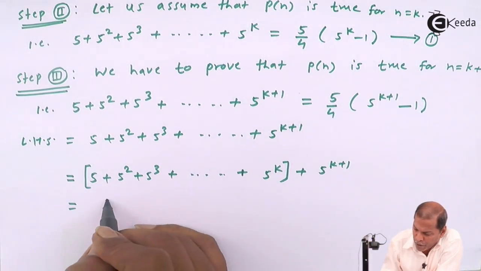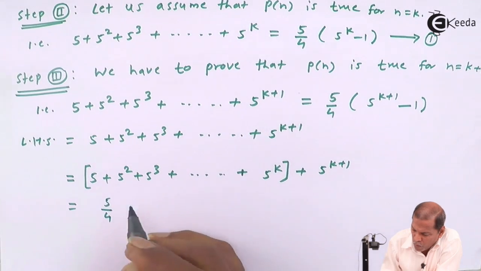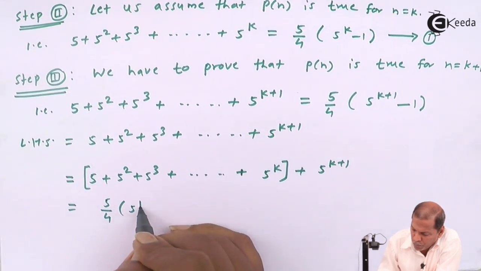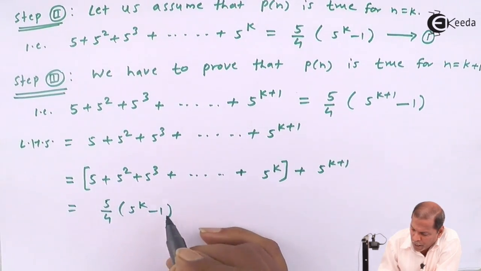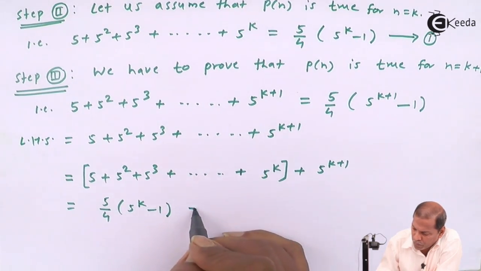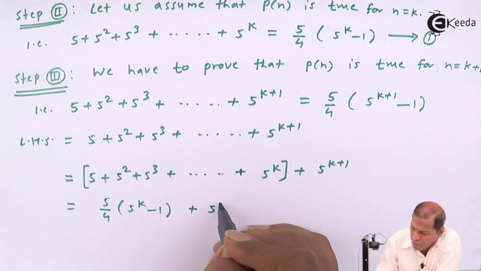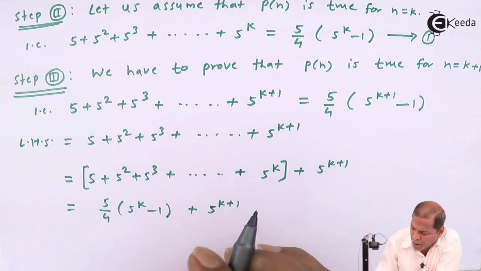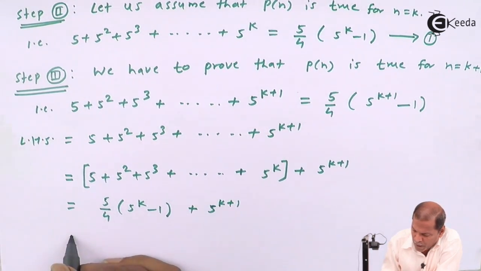So the next step will be 5/4 (5^k − 1), and then plus 5^(k+1) we write as it is.